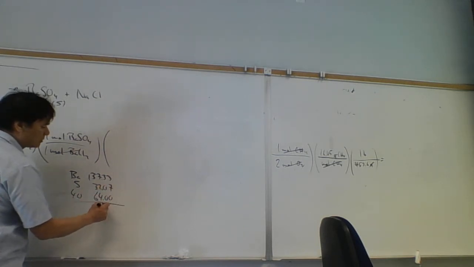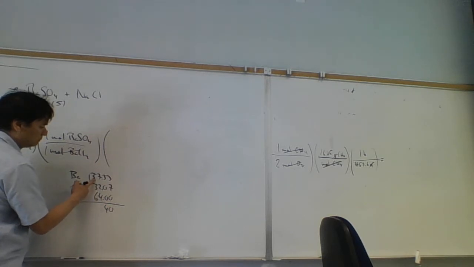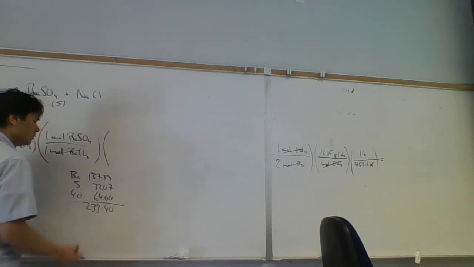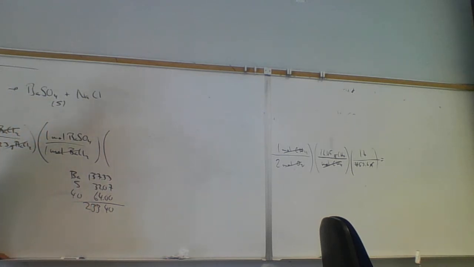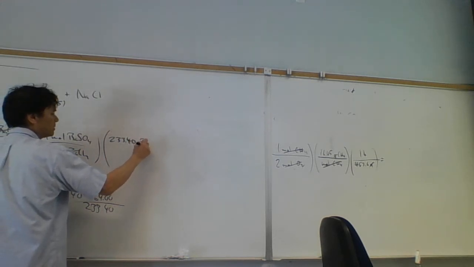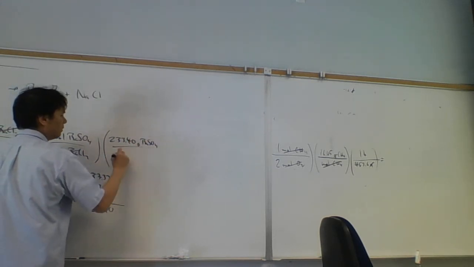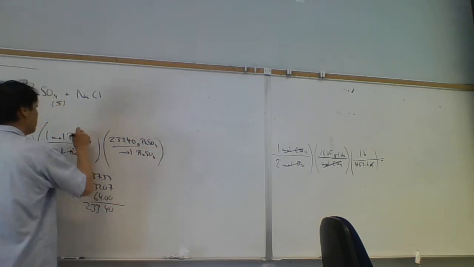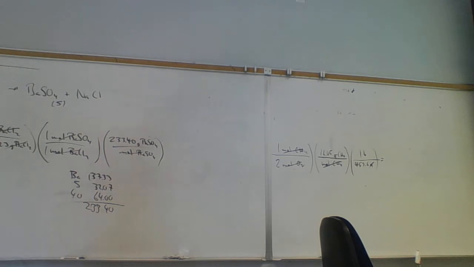That's 233.40. 233.40 grams of barium sulfate per mole. So everything cancels out and gives me grams of barium sulfate.